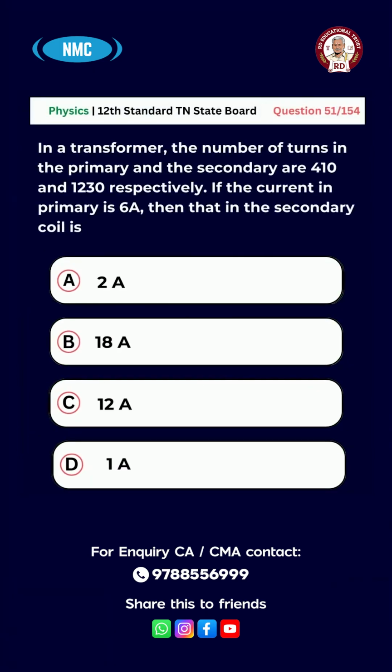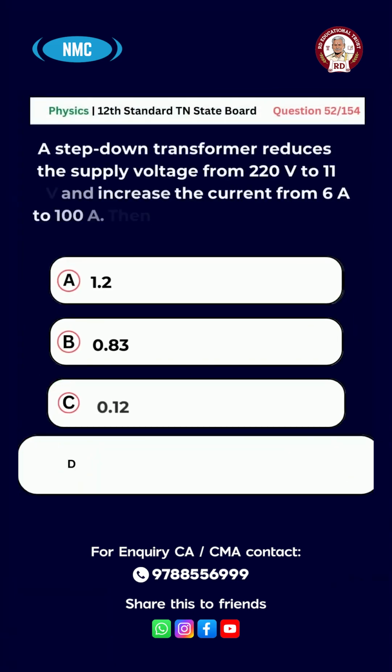Question number 51. In a transformer, the number of turns in the primary and the secondary are 410 and 1230 respectively. If the current in primary is 6 A, then that in the secondary coil is option A, 2 A, B, 18 A, C, 12 A, D, 1 A. The right answer is option A, 2 A. Question number 52.